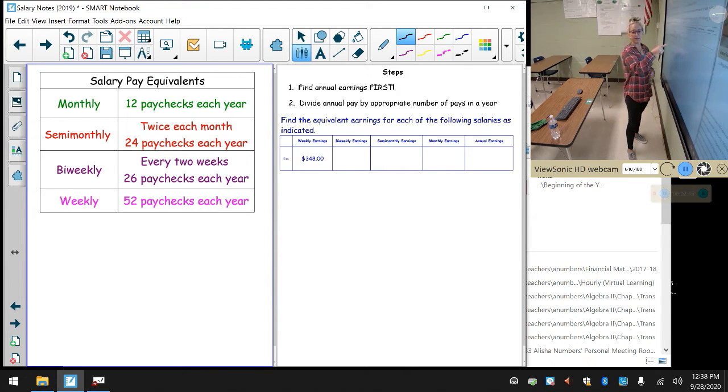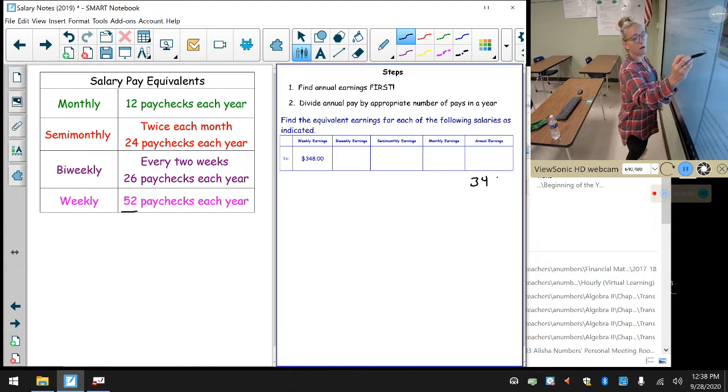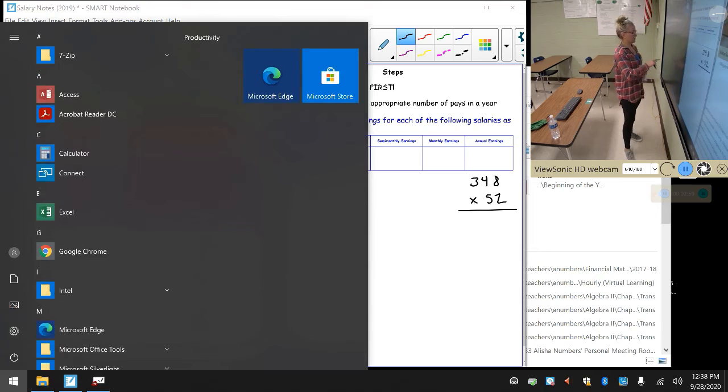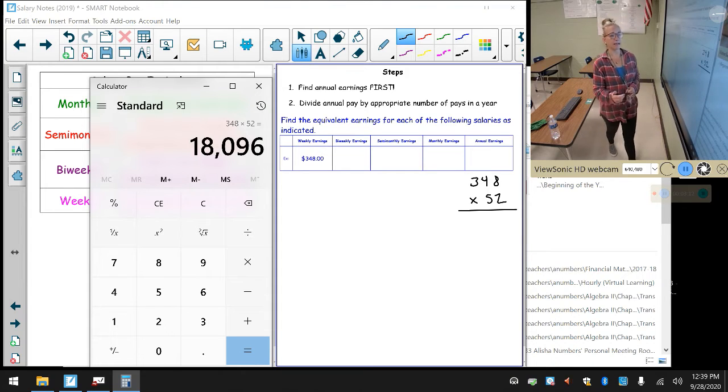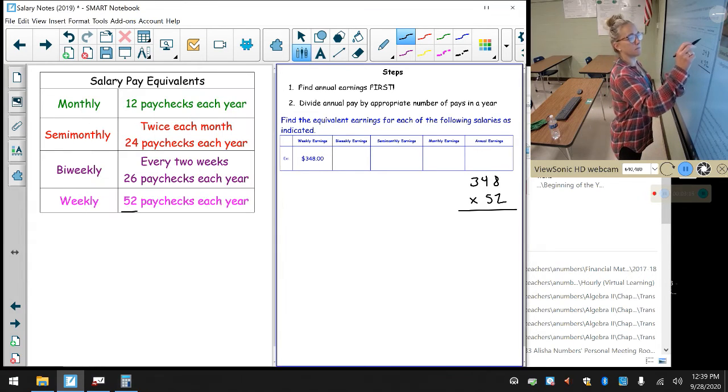Right here we can see there are 52 weeks in a year. So I'm going to take 348 times 52. Let me get my calculator out. 348 times 52, and we get $18,096.